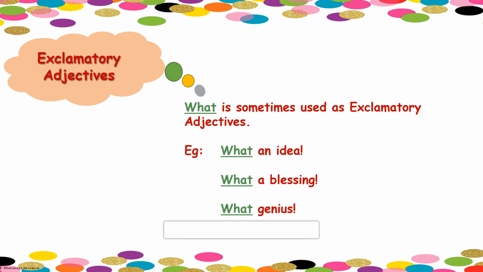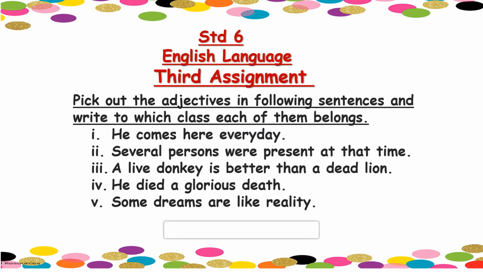What a blessing: again what is an exclamatory adjective, blessing is a noun. Third example, what a genius: what is an exclamatory adjective and genius is a noun. So you can see that all these WH words are exclamatory words, and they are used with a noun, and that is why they are called exclamatory adjectives.